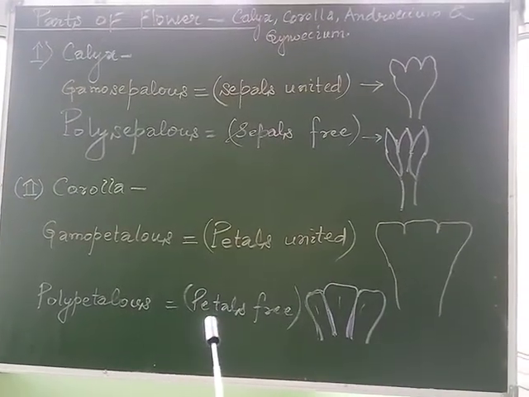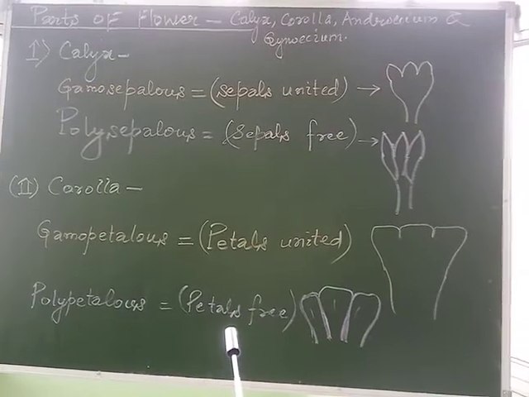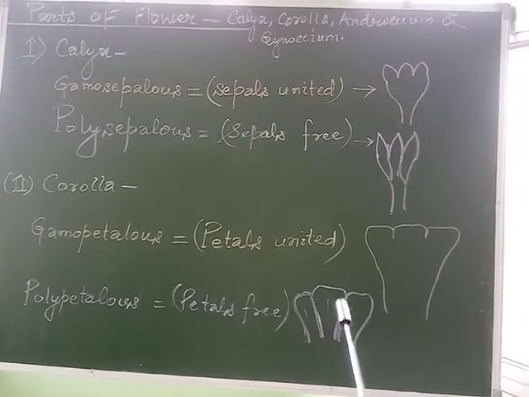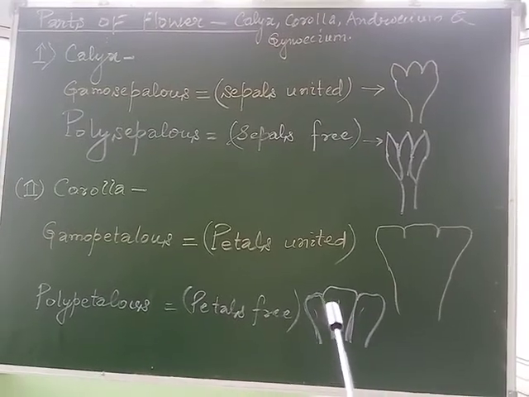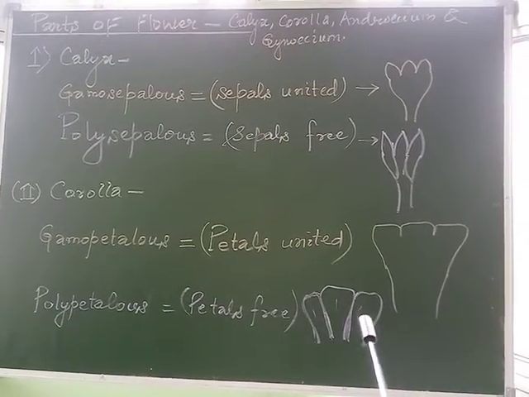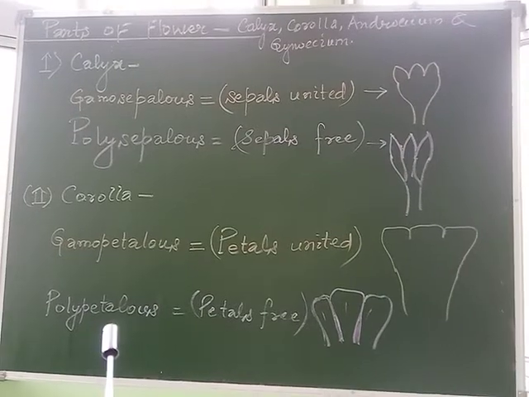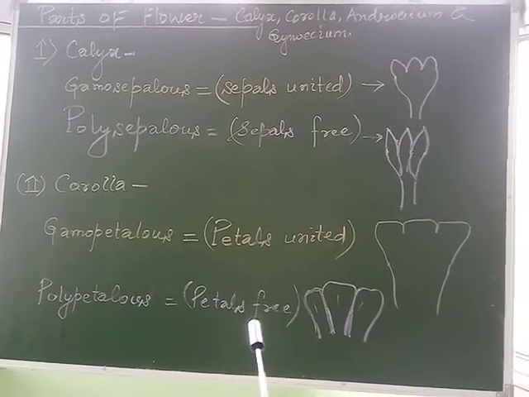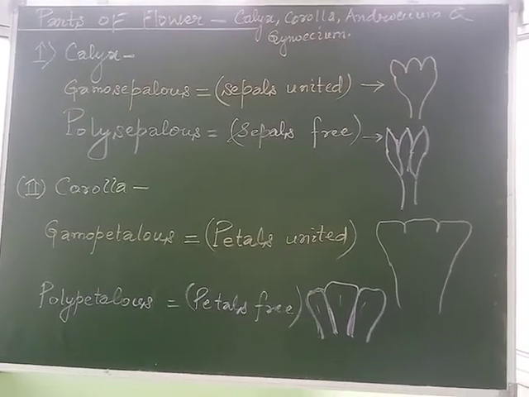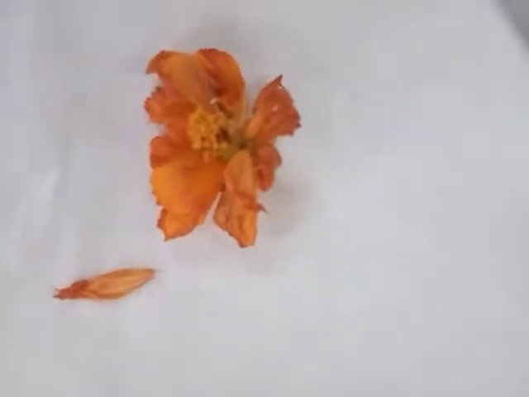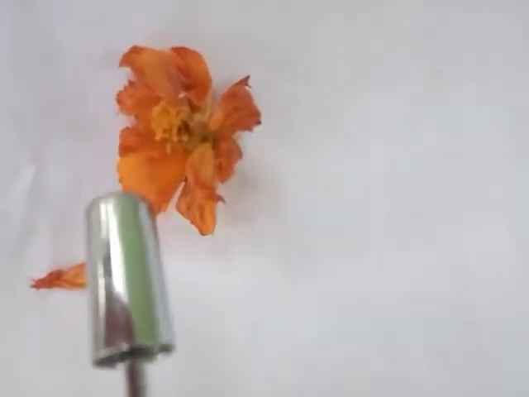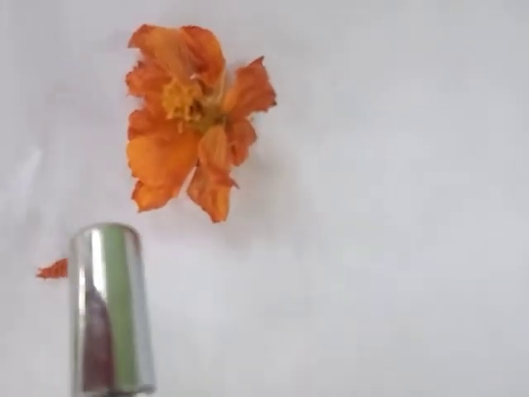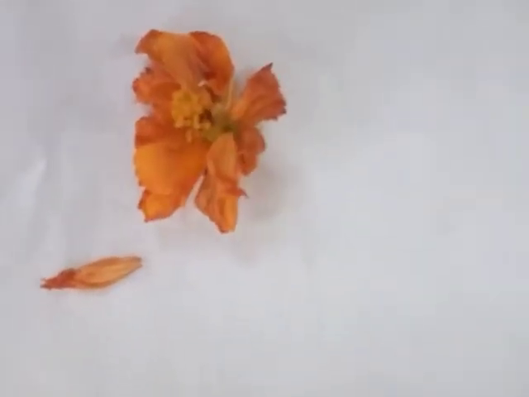Whereas when the petals are free, their edges are not joined to each other, meaning they can be easily distinguished from the other petals, then the condition is called a polypetalous flower, meaning the petals are free. So in this case we may observe the petals are free, they are not united to each other, so the condition is called a polypetalous flower.